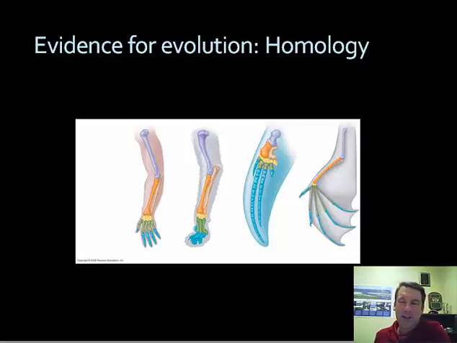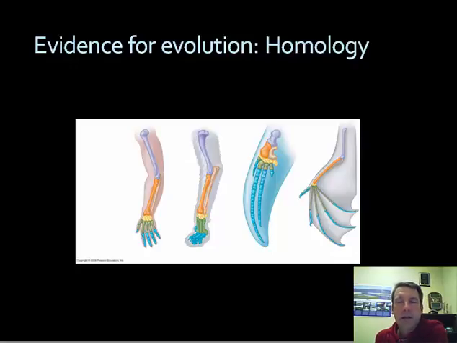So that phrase represents that ontogeny, which is the development of the embryo, is a copy of phylogeny, which is the evolutionary development of the organism.